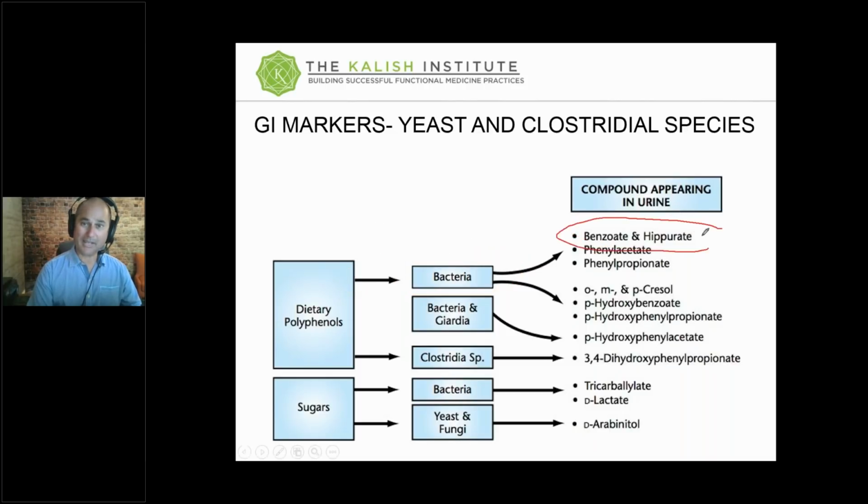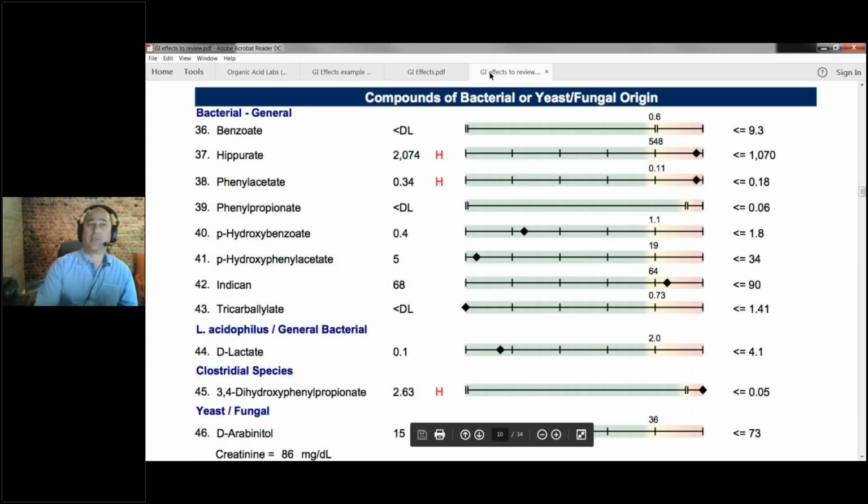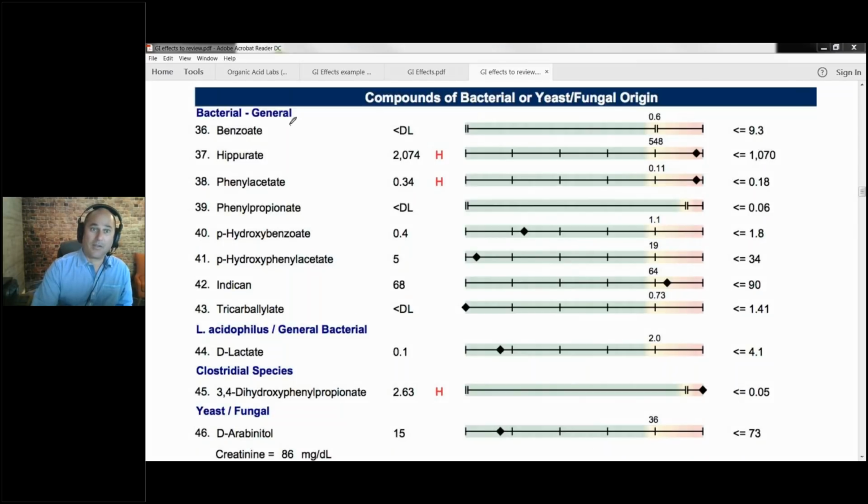However, the benzoate and hippurate are cleared in your liver. So this can be an extremely helpful thing to know. And this has saved me in so many cases, you guys. This is totally worth the price of admission, and this class is free, so I'm kind of making a joke there. But if benzoate levels are high, you should always see hippurate levels high as well.